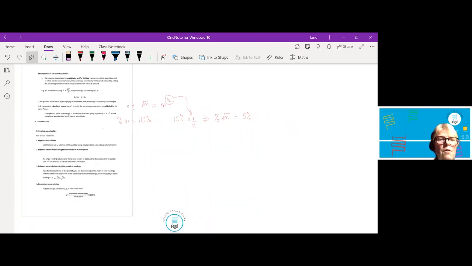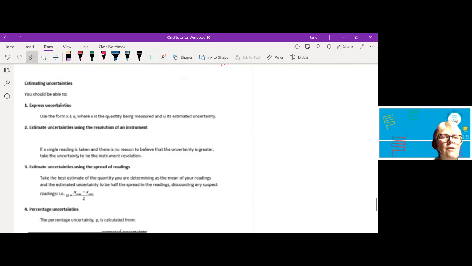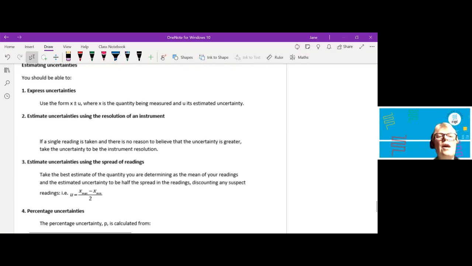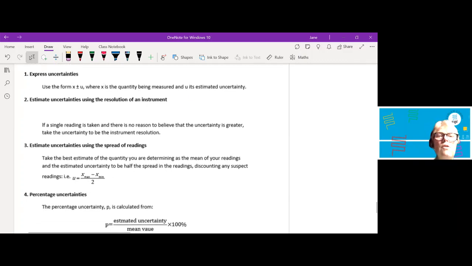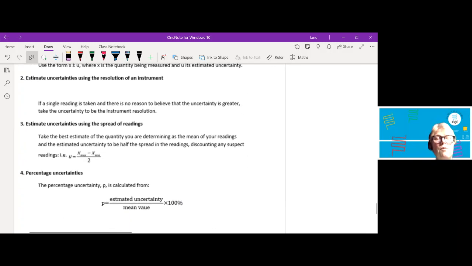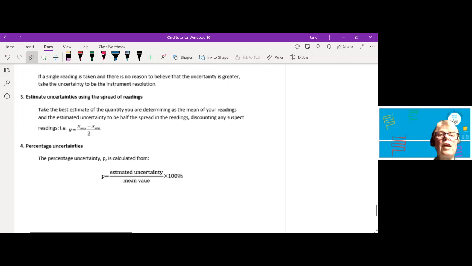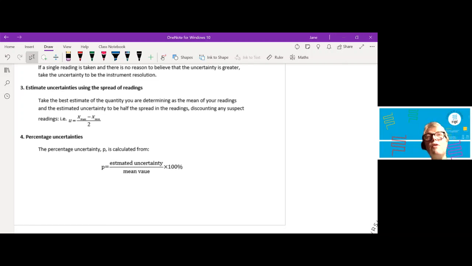Okay, and what I've got there is estimating uncertainties. So now I'm hoping you can express your uncertainties by looking at the resolution of a single reading. You can, and that's usually whatever the resolution of the equipment is. Then if you've got a range and repeated readings, you use the spread of the readings and divide it by 2.